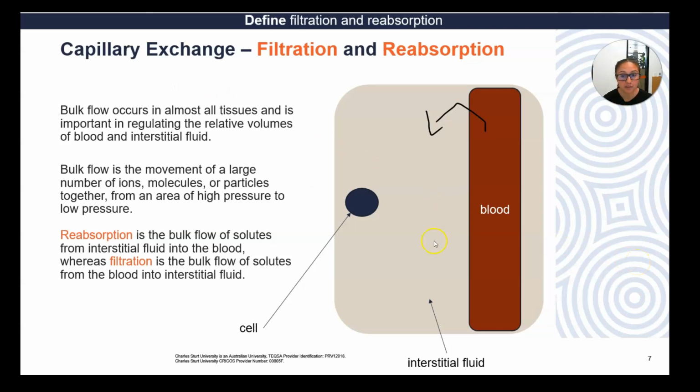So reabsorption is you're moving lots and lots of stuff from the interstitial fluid back into the blood again. That's all it is. Reabsorption and filtration. So filtration goes this way, reabsorption goes this way. And what you're moving are ions, molecules, lots and lots of different things.